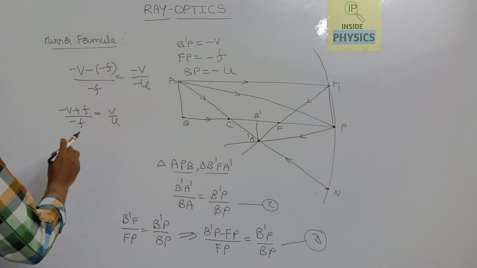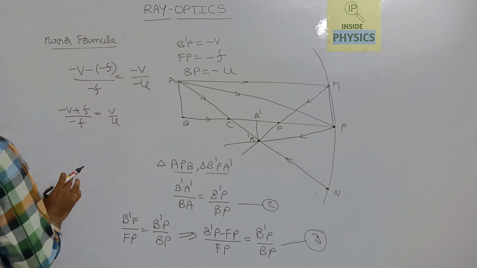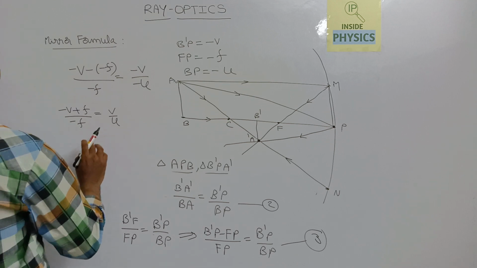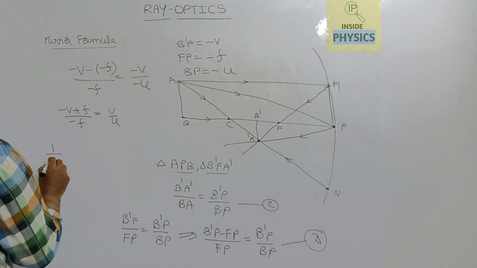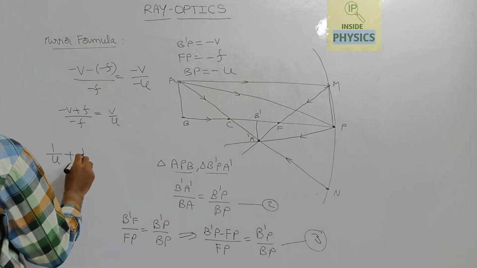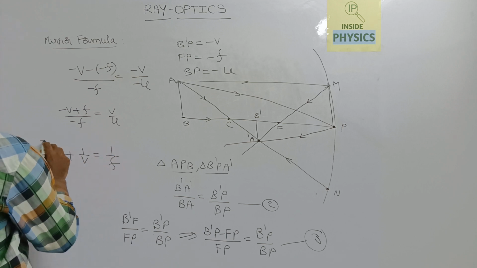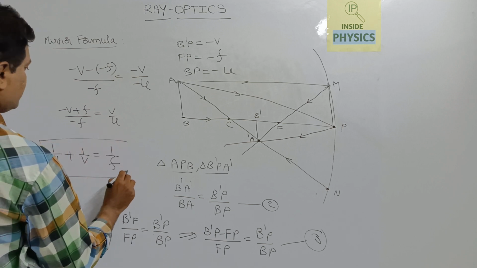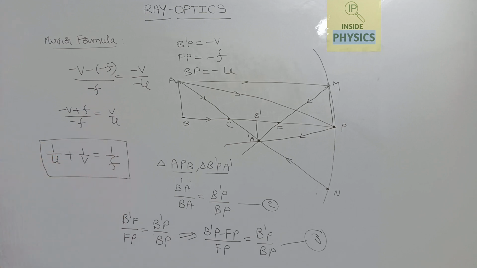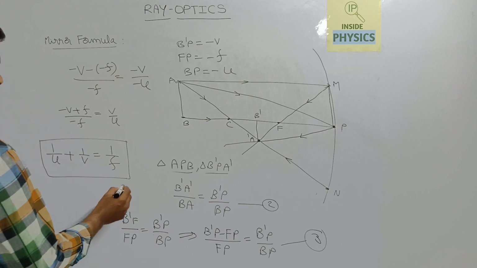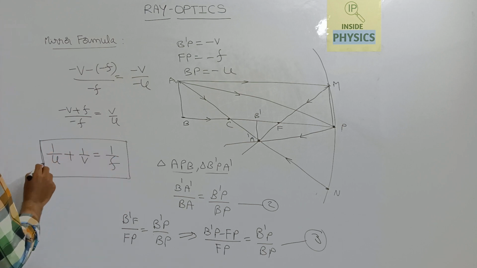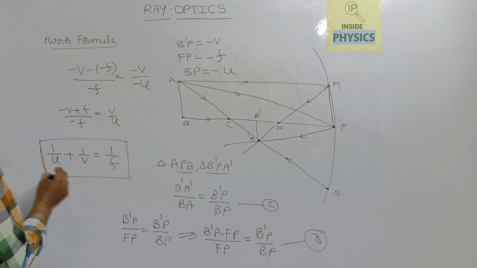If you rearrange this equation, we will get 1 by u plus 1 by v is equal to 1 by f. This is the very important mirror formula.